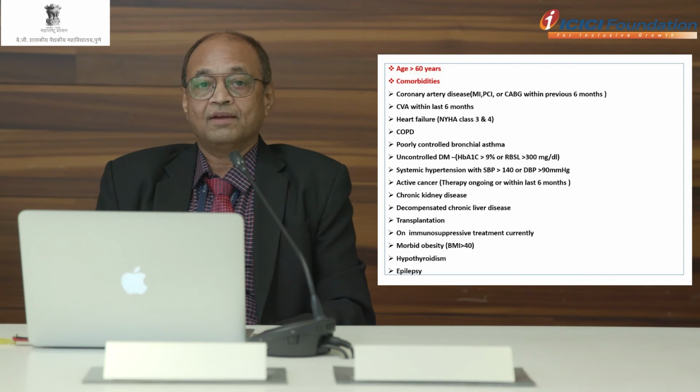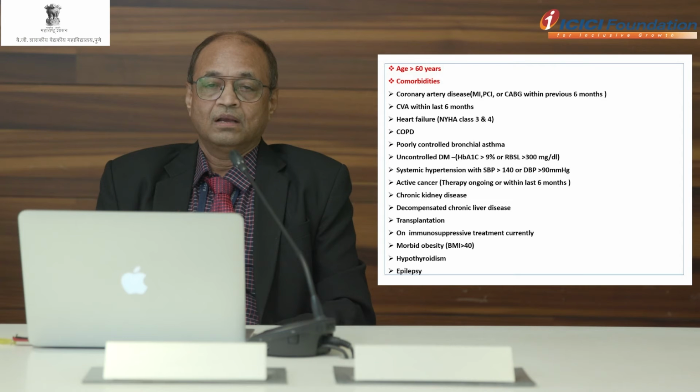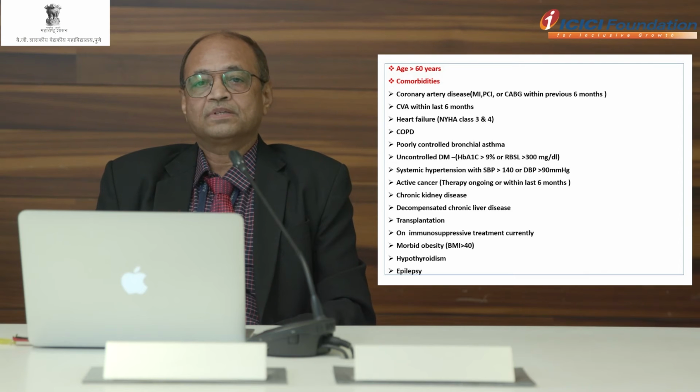Also patients with active cancer, chronic kidney disease, decompensated chronic liver disease, those who have undergone transplantation, those on immunosuppressive therapy, the morbidly obese with a BMI of more than 40, hypothyroidism, and a history of epilepsy. All these are the comorbid conditions.